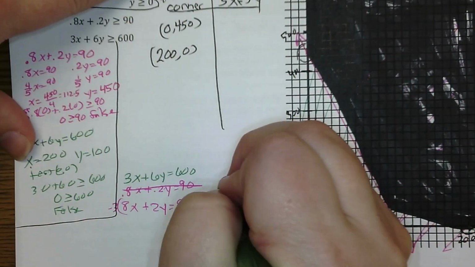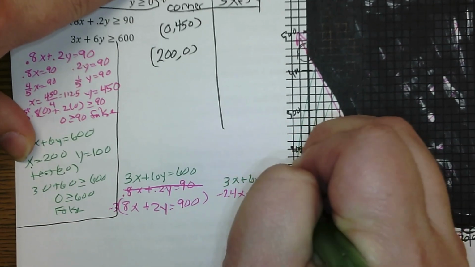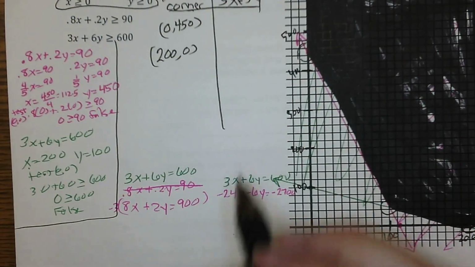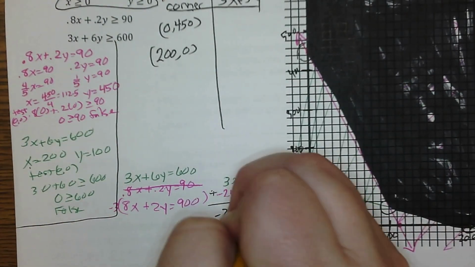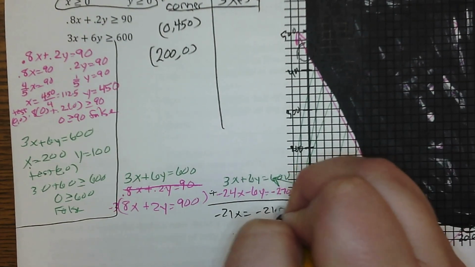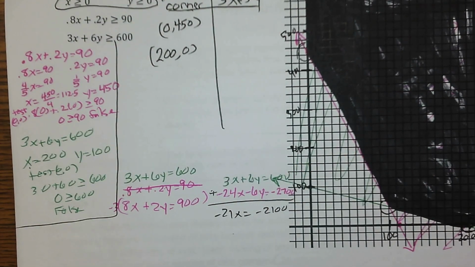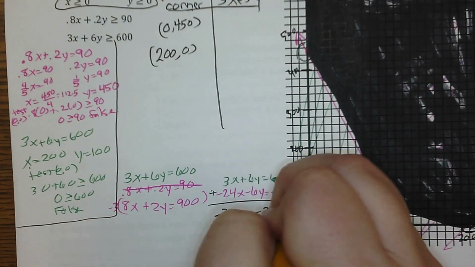And the green graph, 3x plus 6y equals 600. When we add those together, we get negative 21x equals negative 2100. Divide both sides by negative 21, x equals 100.